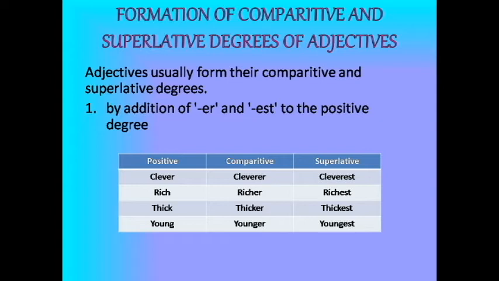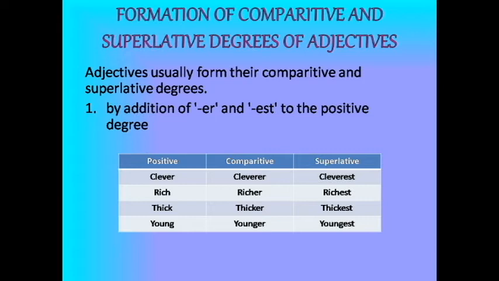In the positive degree, clever is clever itself, whereas in the comparative degree, it changes to cleverer by adding er at the end of the adjective in the positive case, that is clever, and it turns into the superlative degree by adding est at the end of the positive degree adjective clever.